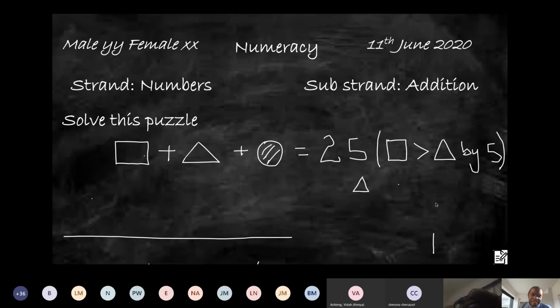A square and a triangle and a circle is 25. And you are told that the square is greater than the triangle by 5. Let's take 3 minutes to solve that question.